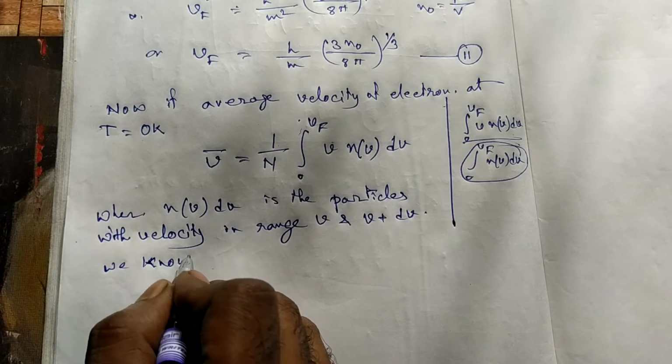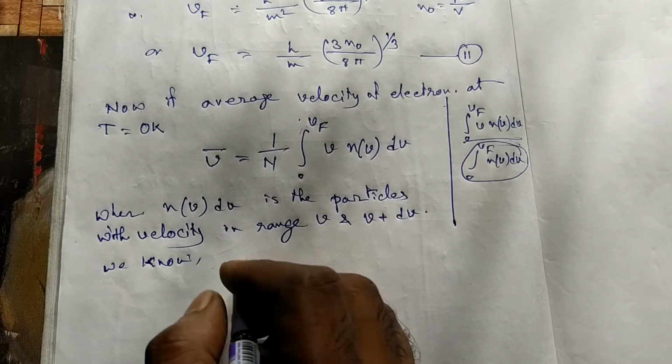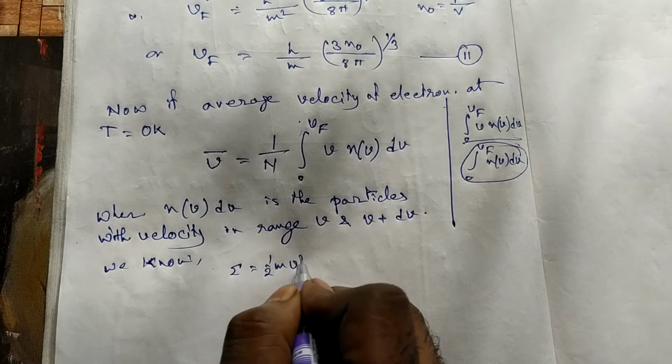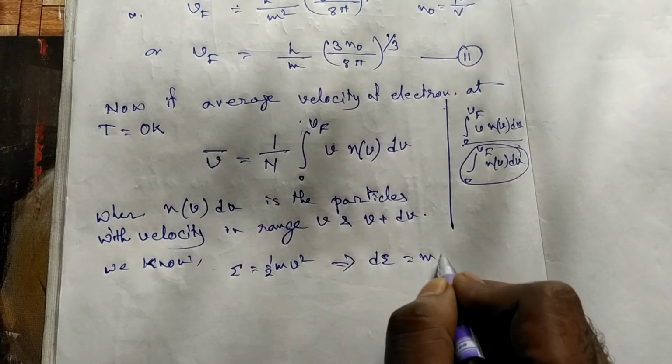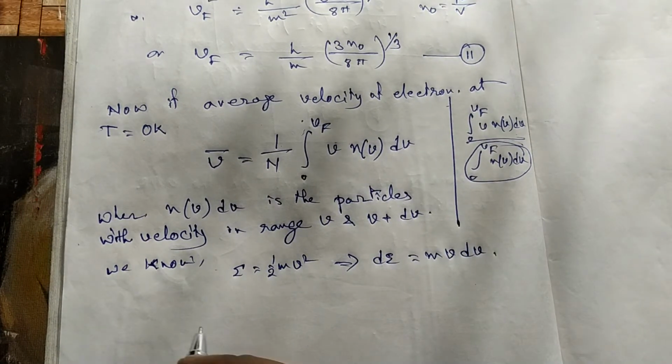We know that E is equal to half m v square. So dE becomes m v dV if you differentiate this expression.